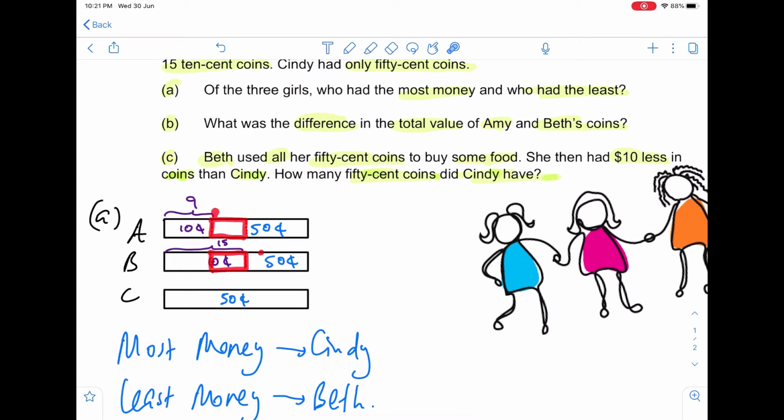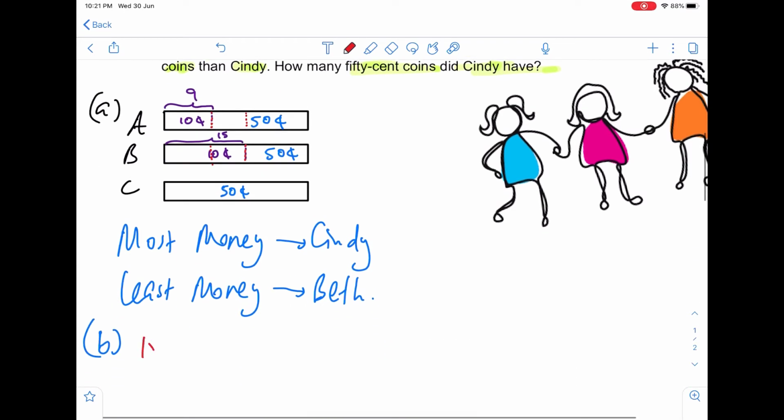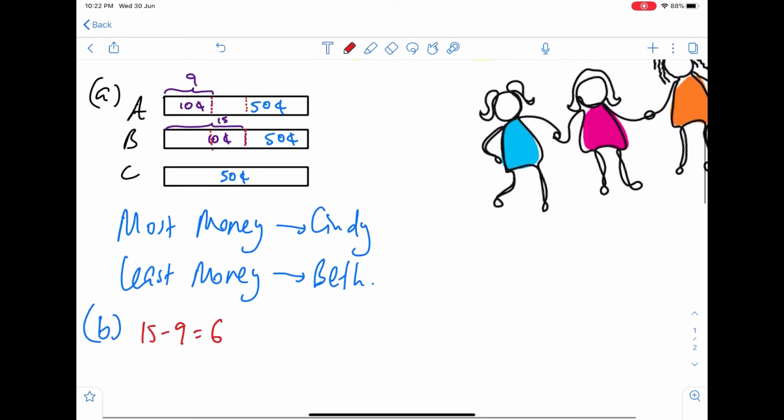Because in this red part, Amy instead has 6 more 50-cent coins. Why 6? Because 15 minus 9. So the first step, 15 minus 9, we know that Amy has 6 more 50-cent coins as compared to Beth. So this red section is our focus for now.